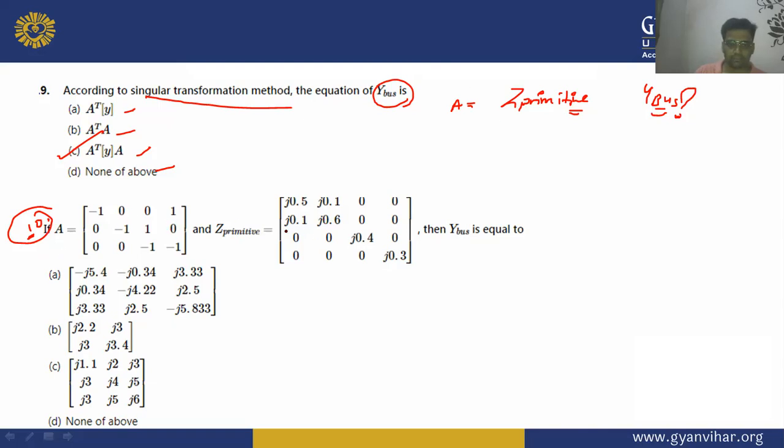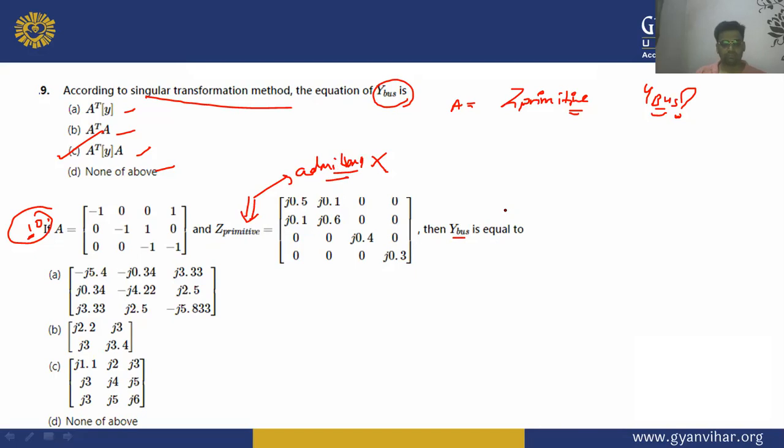We know that to calculate the Y bus, we have to transform these impedances into the admittances. So can we directly convert it? No, we cannot directly convert it. We cannot do this. This is a wrong method. So how to do this?